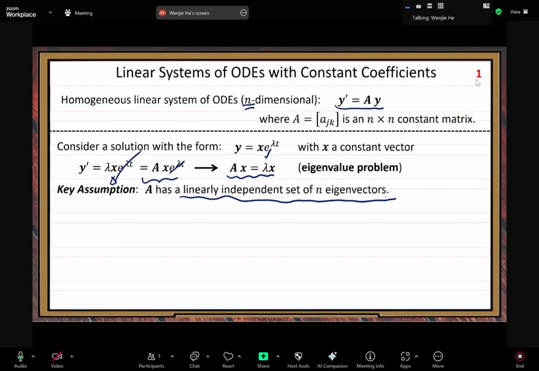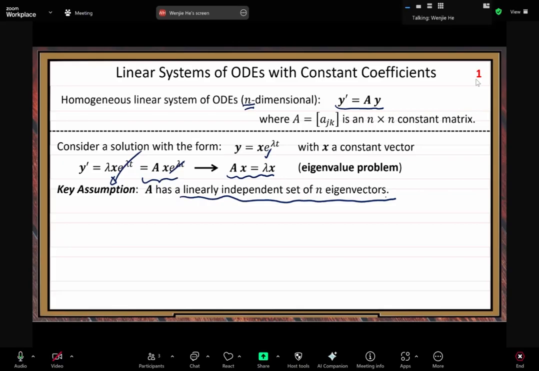People needed to discover for what structure of A the eigenvectors are not linearly independent, and they found that such matrices must follow certain conditions. That part is very complicated, so we try to avoid it.